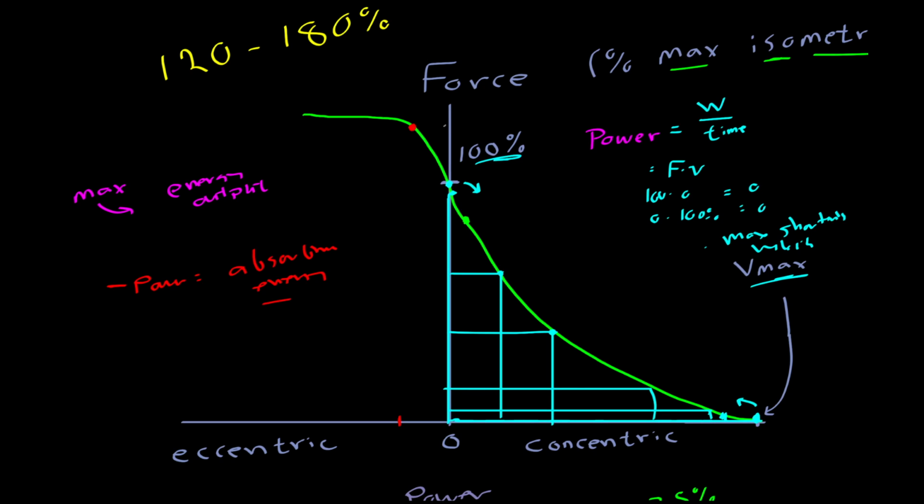So a good example of this is landing from a drop jump. Your muscles, say your quads as you land, are working eccentrically. They're lengthening, but they're trying to contract. Now it's very advantageous that they can produce a lot of force at that eccentric lengthening velocity.